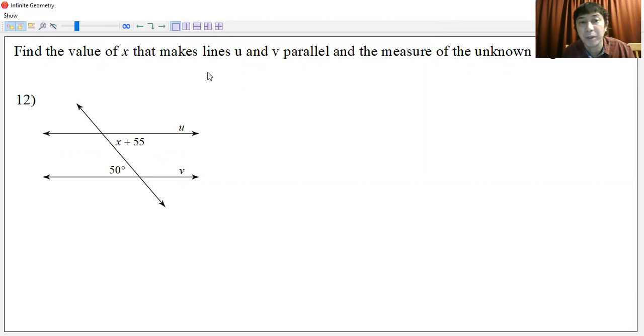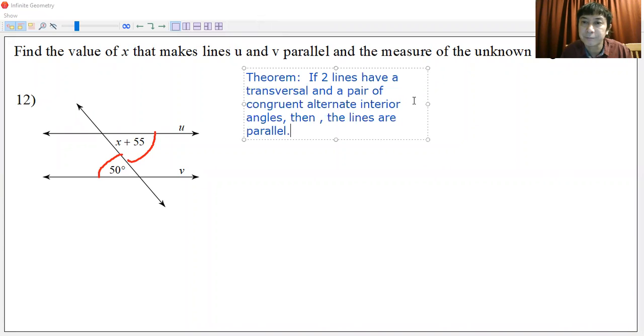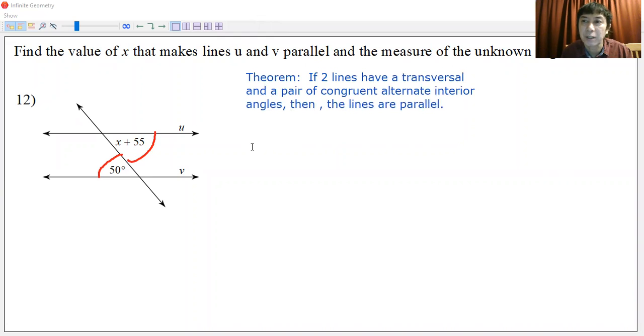The angle pair looks like another alternate interior, as you can see from the figure. So we can apply the same theorem. And we shall set up our solution using the equation.